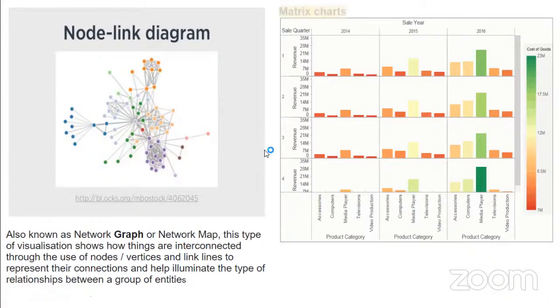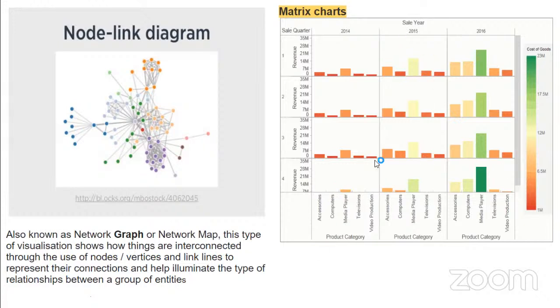In a matrix chart, you see that we have a scale, we have product category, we have the revenue amount. You see that the cost of goods is also being explained. So you can put quite a number of variables within this particular matrix. Now we have the sales, the sales quota, the product category, and the cost of goods.